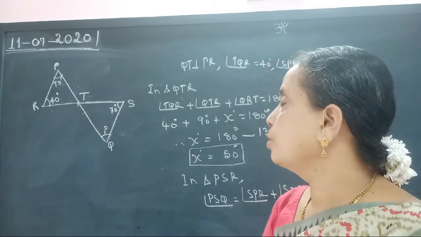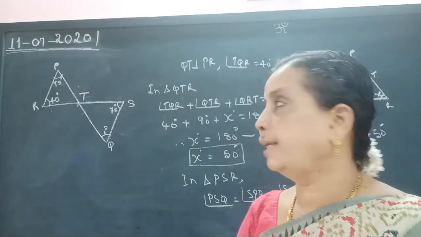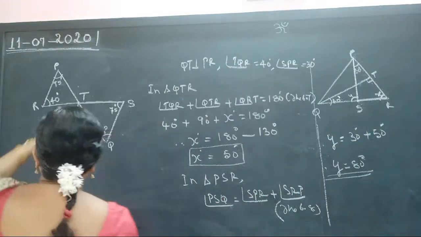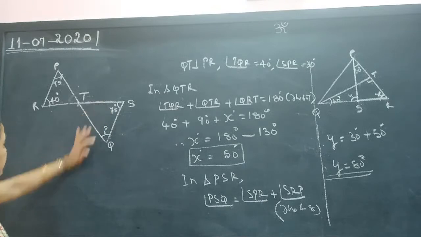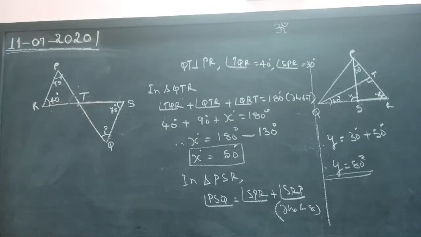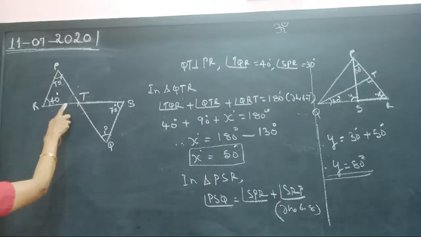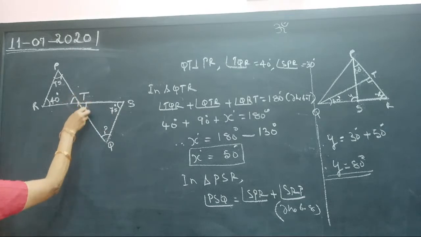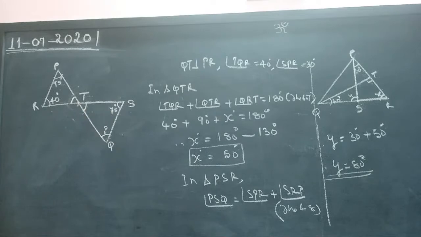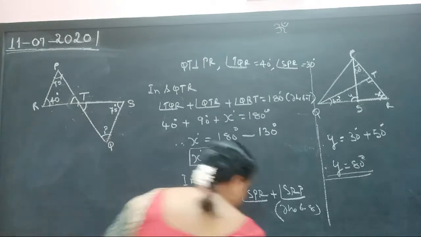Or you can use exterior angle property directly instead of vertically opposite; after getting this angle, this is equal to sum of interior opposite angles. Vertically opposite angle we can do. If we know this angle, this will be this two. Or else using vertically opposite angle, again angle sum property. Okay? Taken the figure.